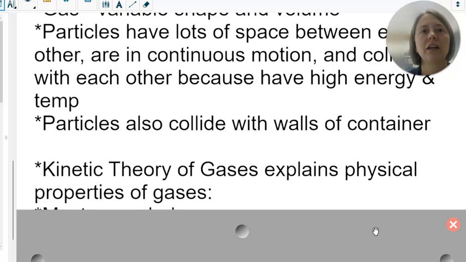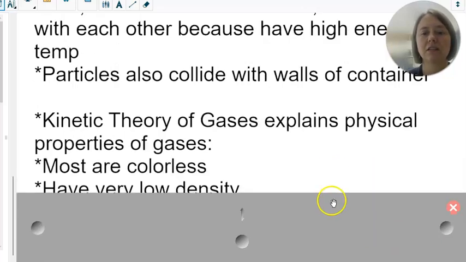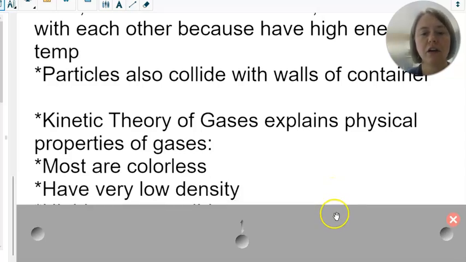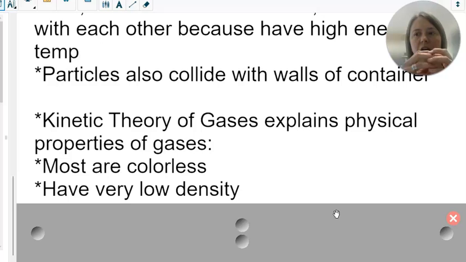The kinetic theory of motion, as applied to gases, or kinetic theory of gases, explains the physical properties of gases. So what do we see about gases? They are colorless and have a low density because they have very high kinetic energy, so they're zipping around, and the particles are very far apart.